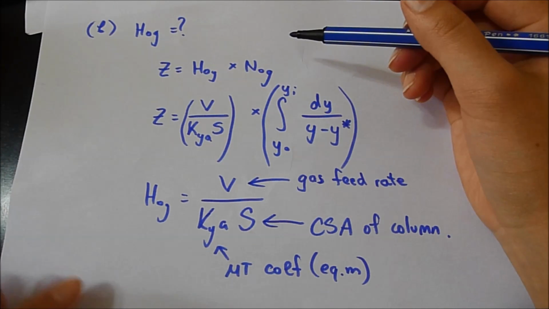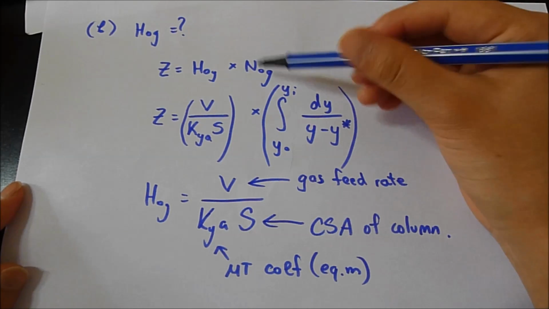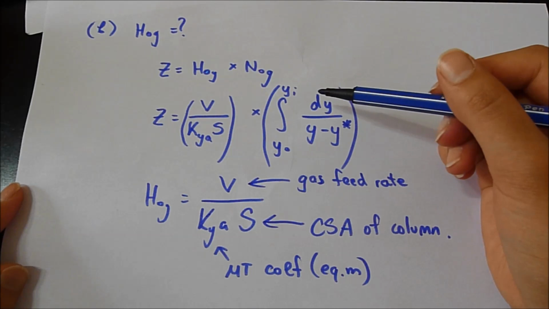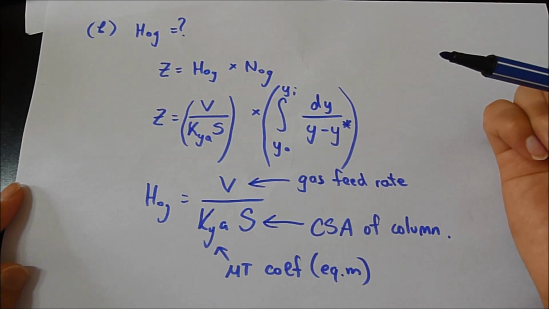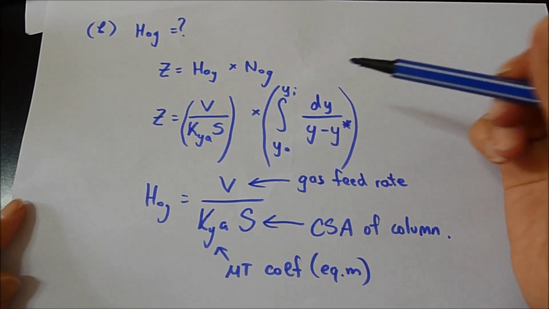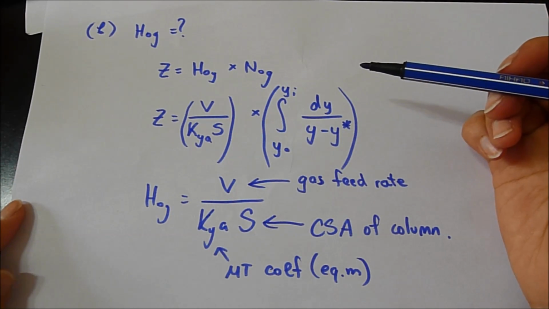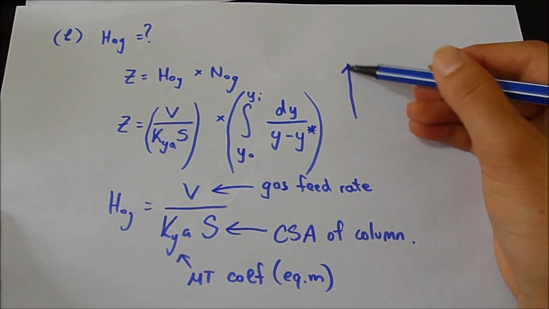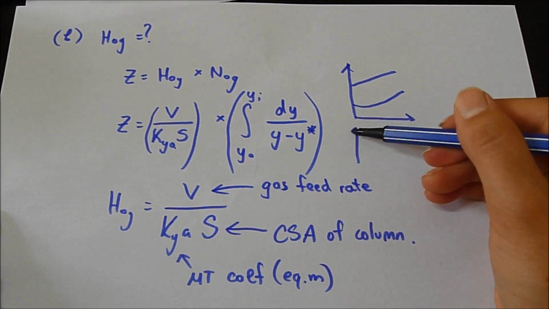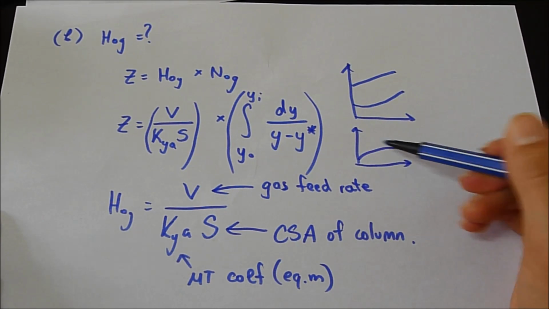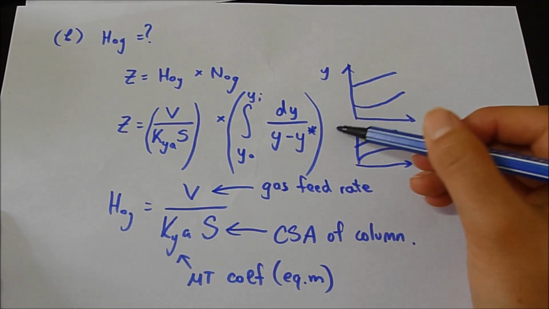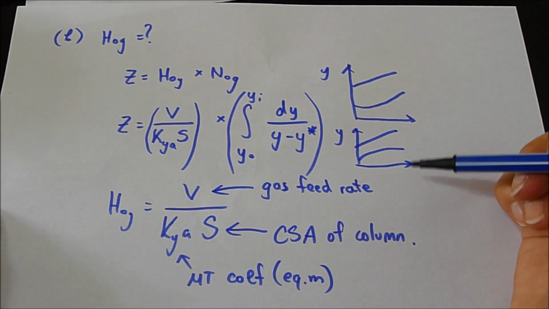And NOG, we can later see that it is equal to the integration from y in to y out of 1 over y minus y star. And why is this an integration? Because sometimes equilibrium curves are curved this way or that way, so the concentrations of the y's are different.